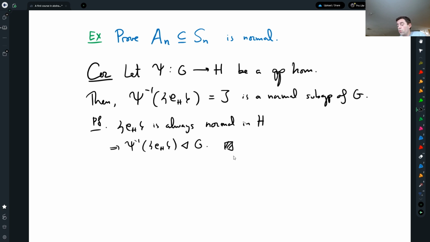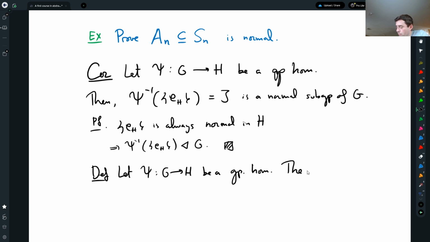And in fact, that normal subgroup is very useful. It has a name: it is the kernel, the elements of G that map down to the identity. That is the kernel of the homomorphism. So let psi from G to H be a group hom.